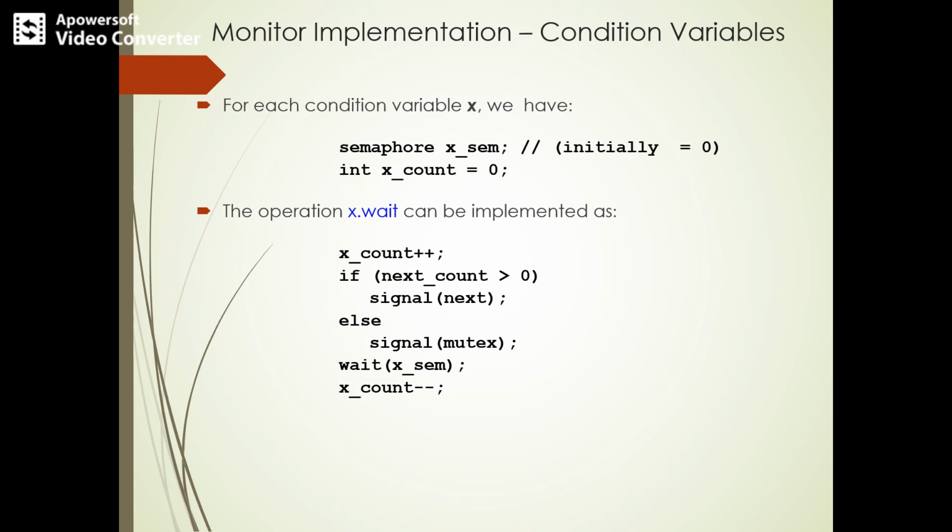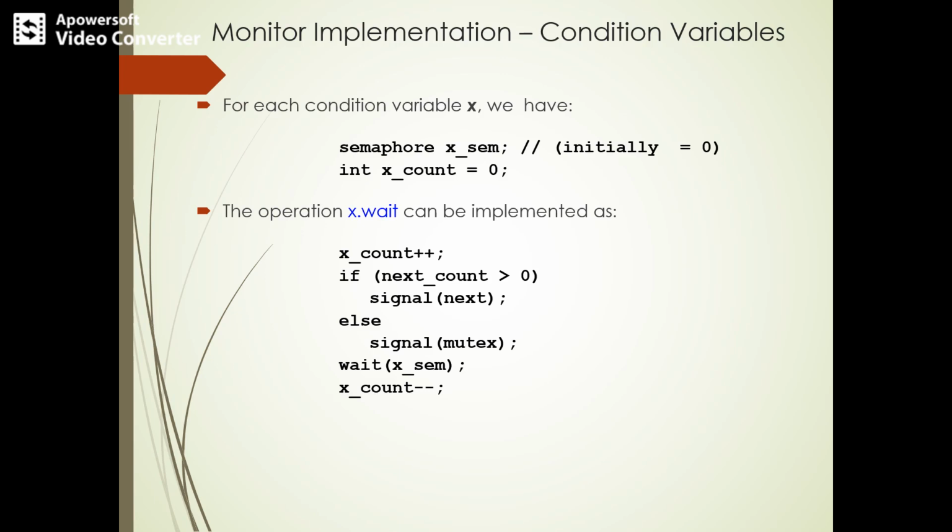If there are many processes which are suspended, you are going to signal the suspended process or the signaling process which has to come into the monitor. Else you signal mutex, in the sense you are giving up a lock.